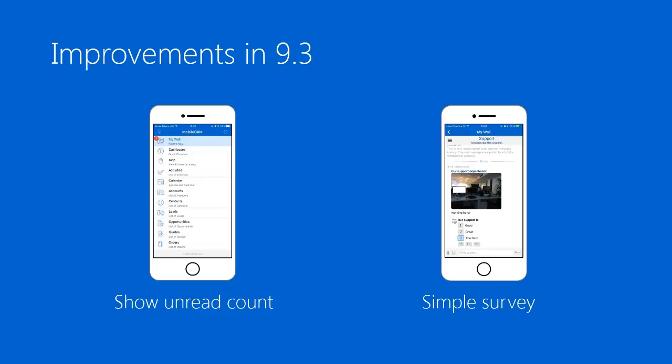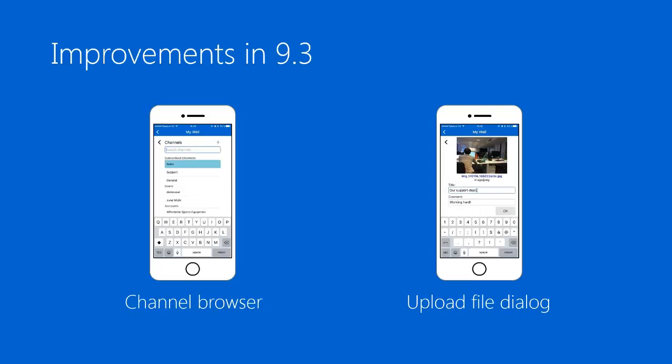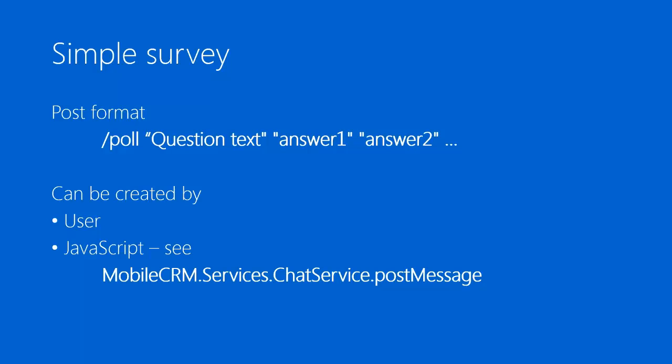We have added an option to add a simple survey, and I will show you how to set that up in a second. But also we have created the channel browser where you can create new channels out of the application. You can subscribe to channels and manage them. And also we have revamped the upload file dialog, so now you can provide some additional information there.